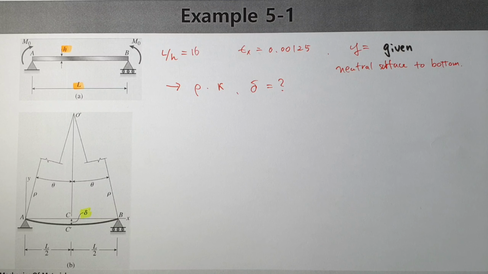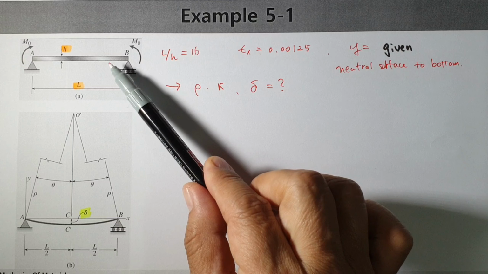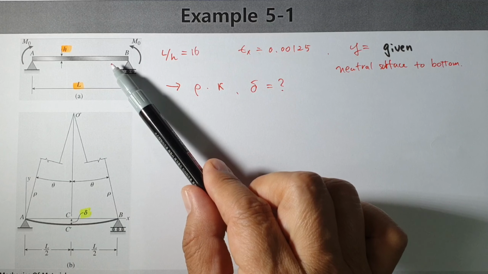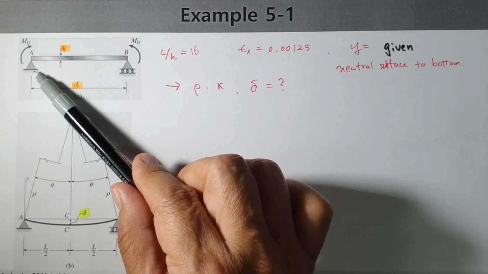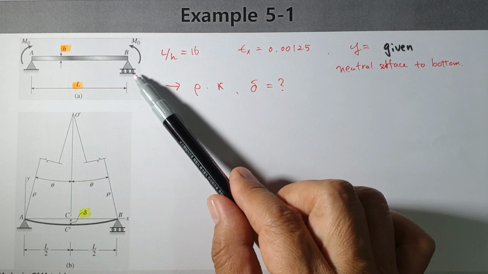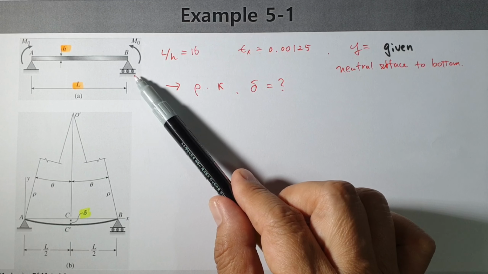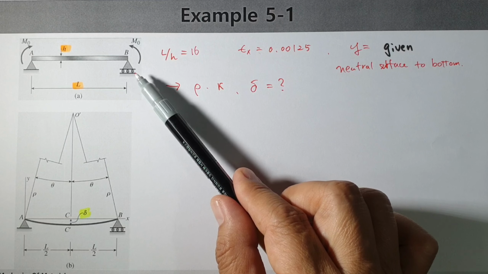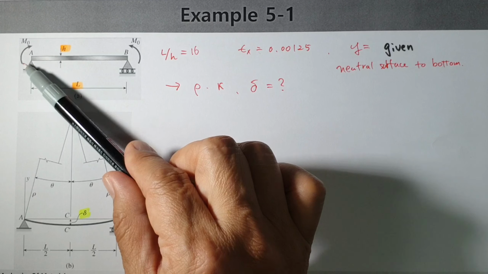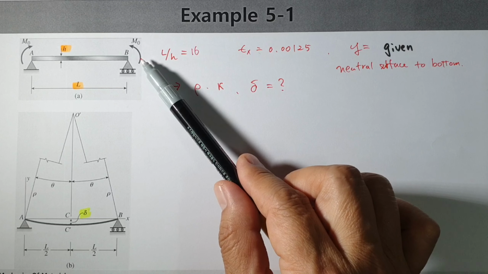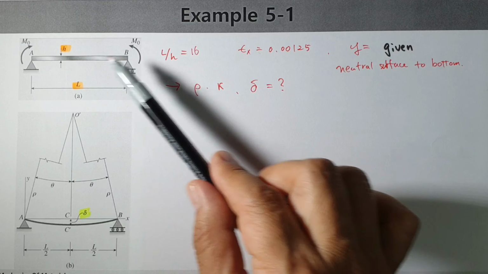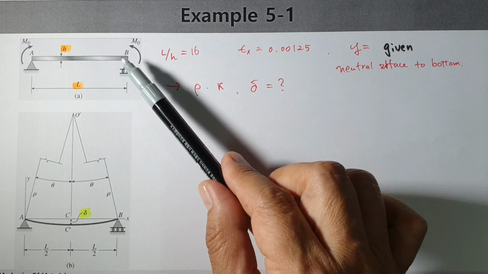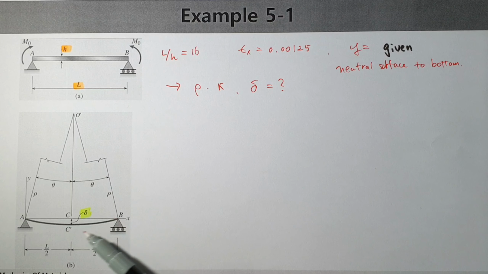Okay, now let's think about an example. In this example, we have a beam. On the left side is a hinge condition. On the right side, we have a roller condition. If an external moment is acting like this, the beam element is changed into this kind of shape.